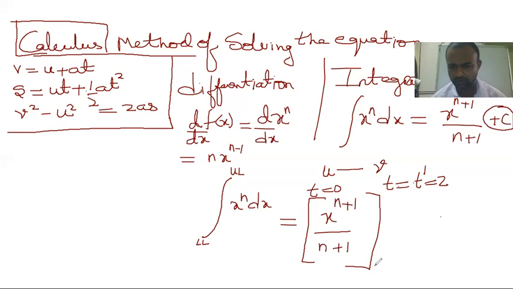Let us take an example where the lower limit is 2 and the upper limit is 3. The constant will anyway get subtracted. Let us write it as plus c and check what happens.